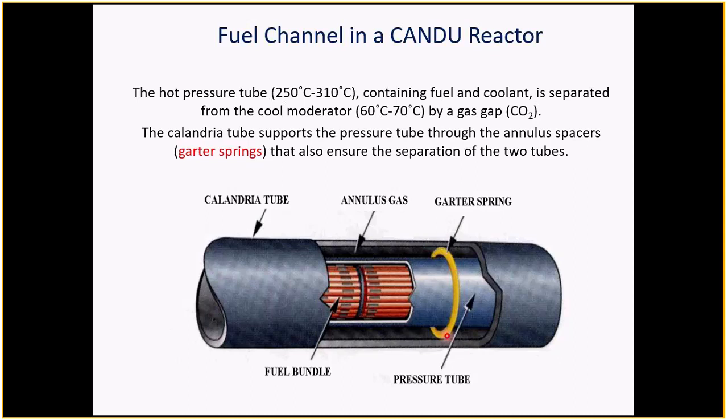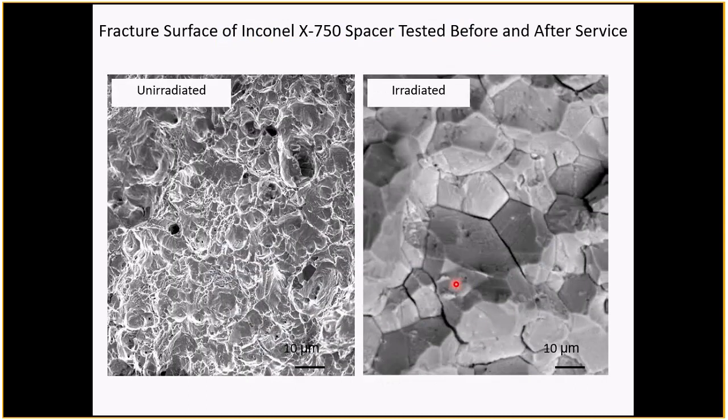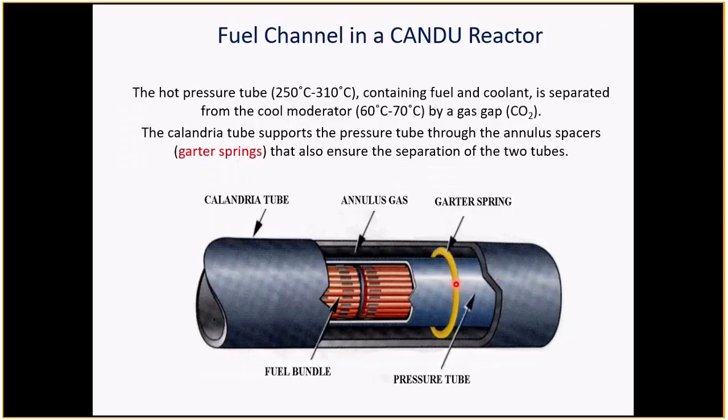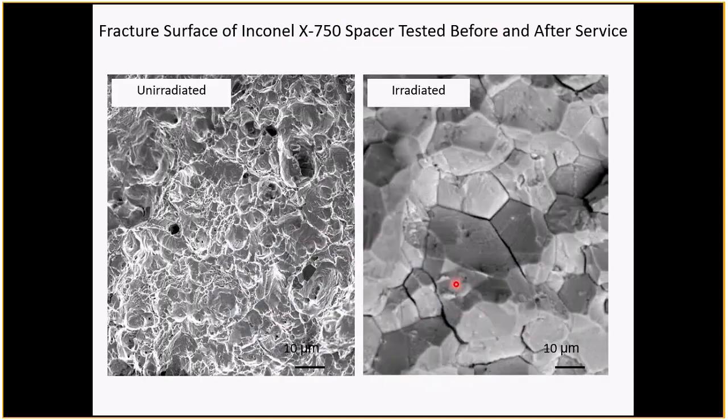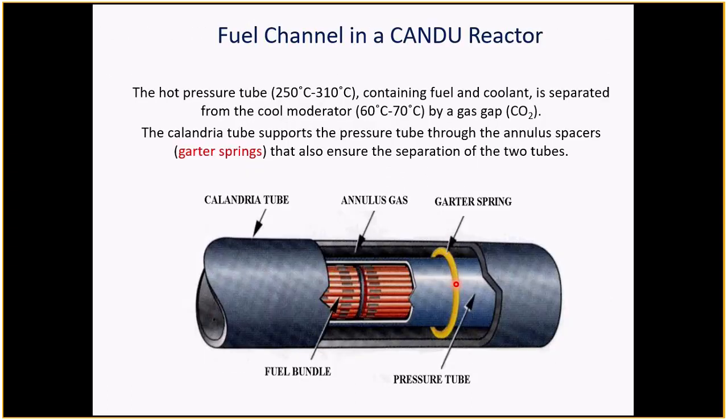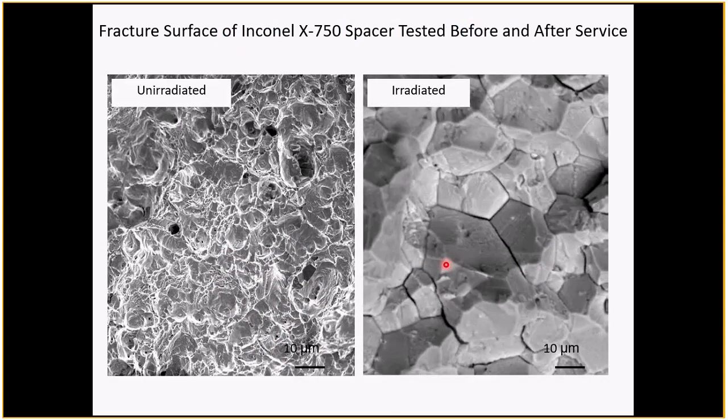So having these spacers in position and intact is very important. But about 10 years ago, I would say 10 to 12 years ago, it became apparent that these spacers, the Inconel X750 spacers, were becoming really quite fragile, quite brittle after they were removed from service.